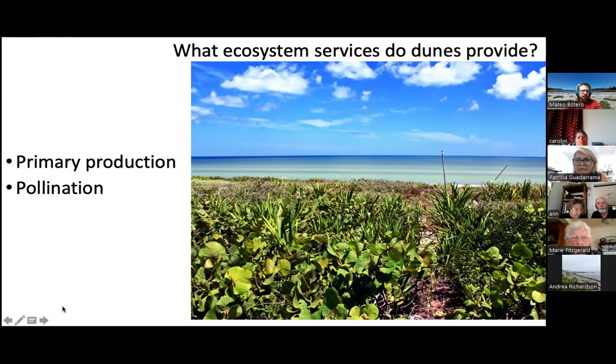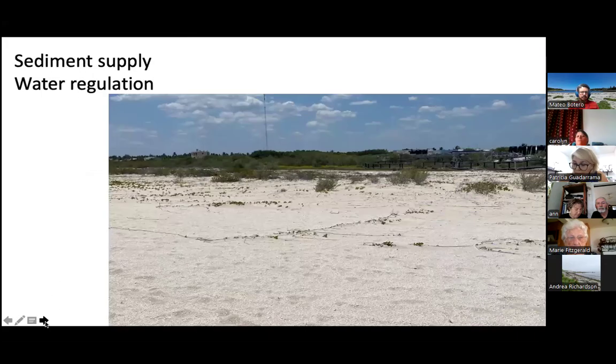What ecosystem services do dunes provide? Primary production. When plants die, they contribute nutrients to the ecosystems. And in the case of pollination, it is essential for maintaining biodiversity. Sediment supply is important for maintaining wide and beautiful beaches, and water regulation. During a strong storm, dunes help control flooding.